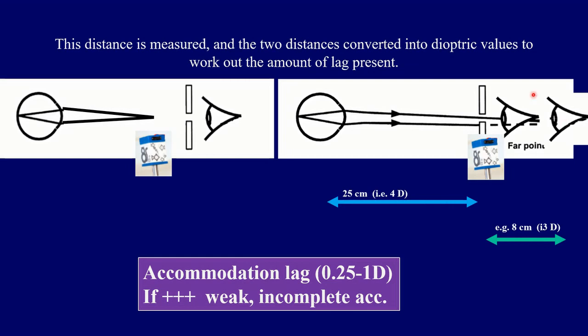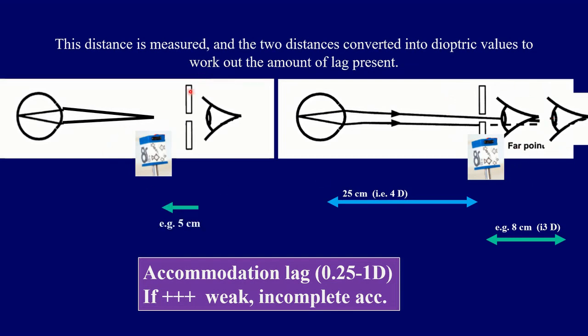For example, if in the original situation the distance between the patient and the doctor was 25 centimeters, the distance here is 4 diopters. If moving back, say 8 centimeters, now the distance is 33 centimeters, or 3 diopters. So the amount of change here is 1 diopter.